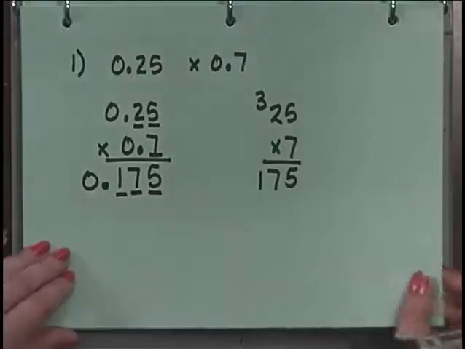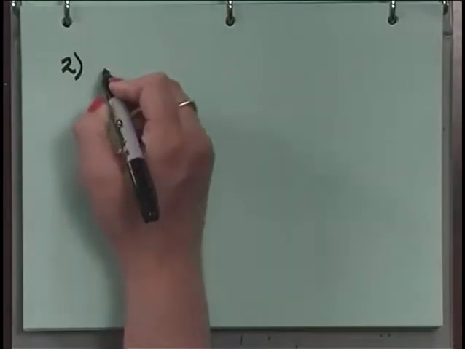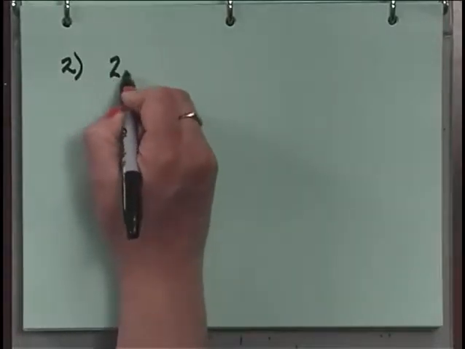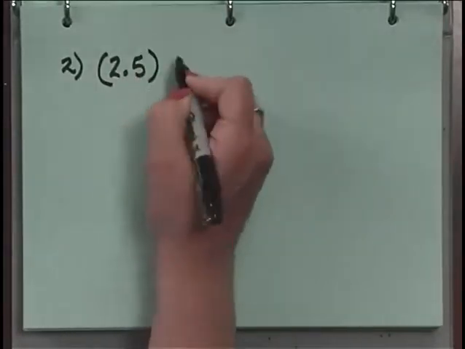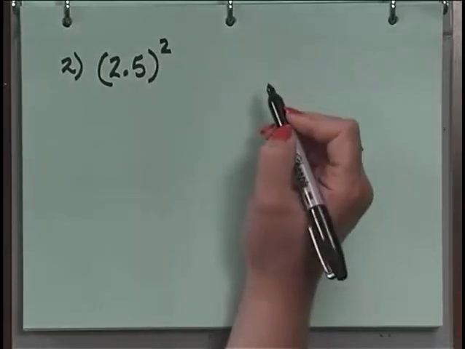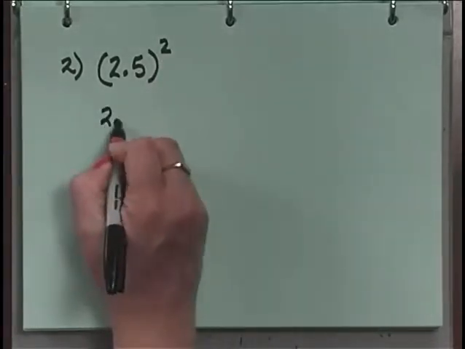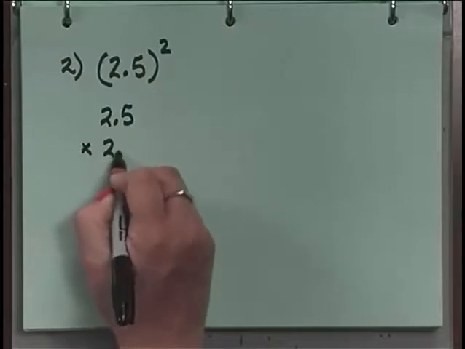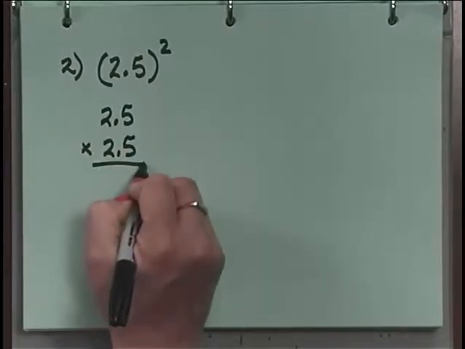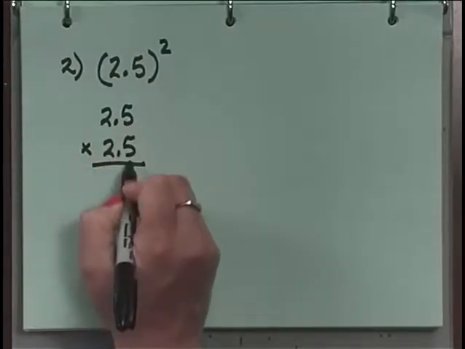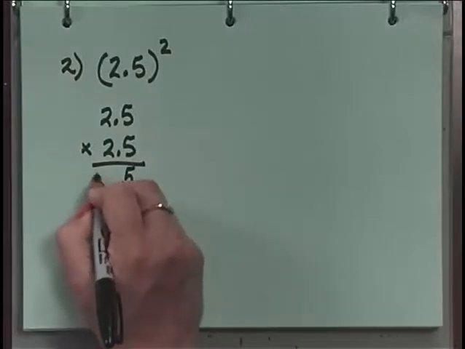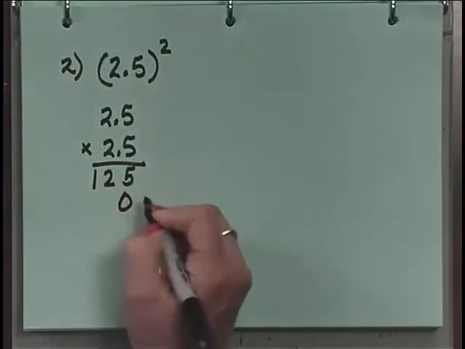Now let's look at example 2. In example 2, we're actually asked to just square a number: 2 5/10 squared. Well, that would be 2 5/10 times 2 5/10. So 25 times 5 is 125. Then I would drop a 0.